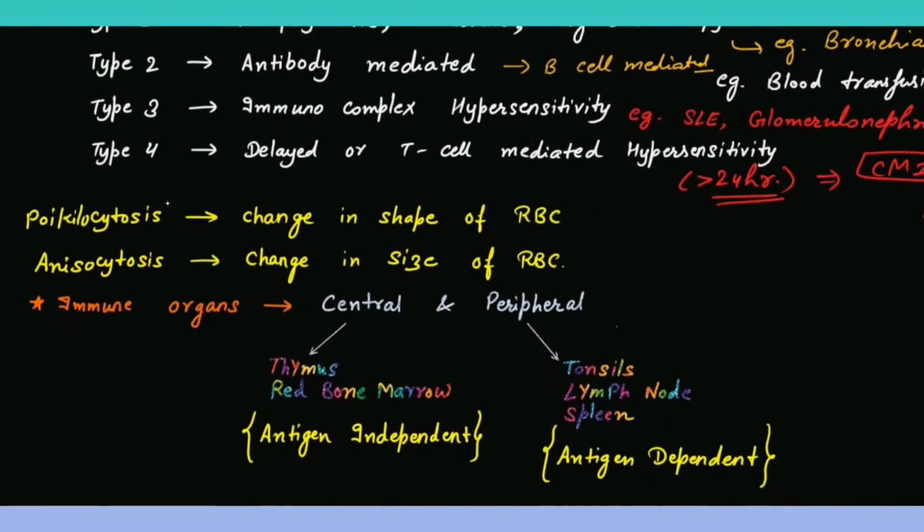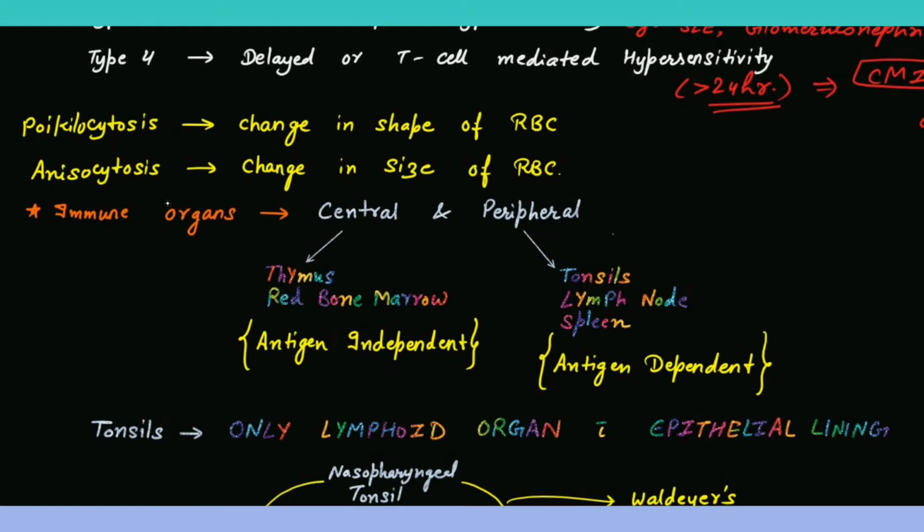Okay, the next question is about poikilocytosis. Poikilocytosis simply means change in the shape of RBC. RBCs can change their shape or their size. If there is a change in the shape of RBC, it is called poikilocytosis. But if there is a change in the size of the RBC, it's called anisocytosis.